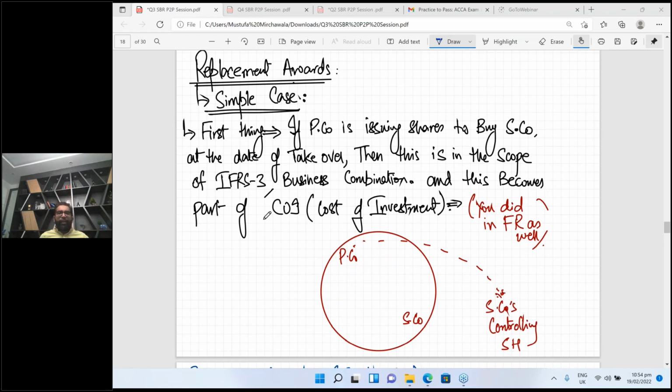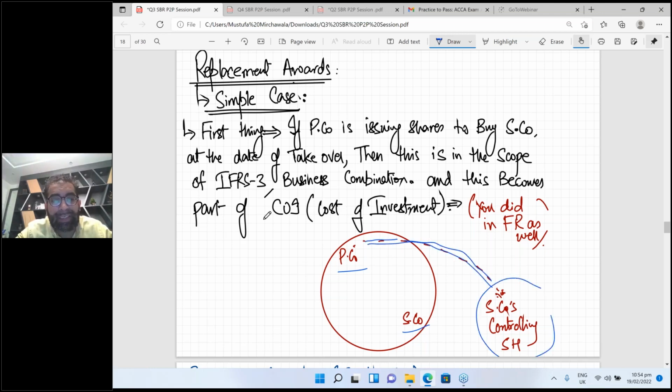Listen, when parent company acquires S company, parent company goes and meets S company's controlling shareholders. I repeat, when parent company buys the running business of S company, parent company first meets the S company's controlling shareholders, and parent company pays a price to these controlling shareholders.